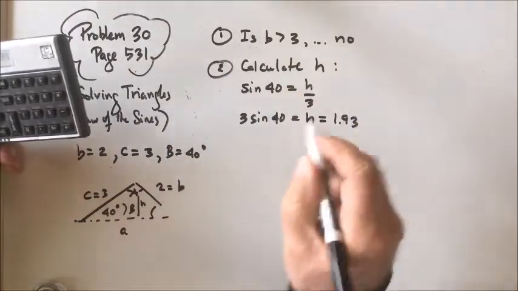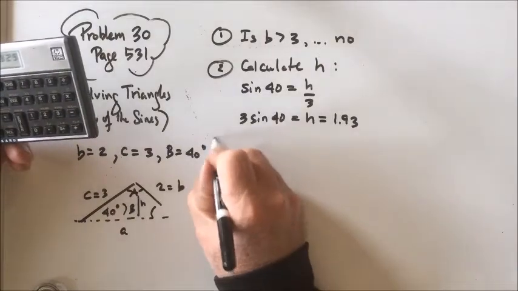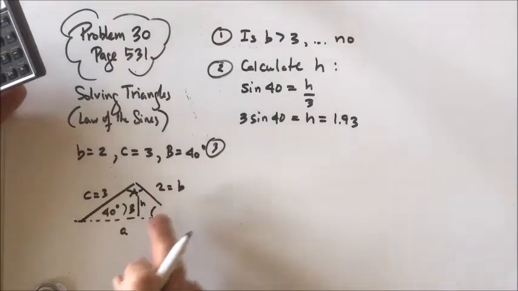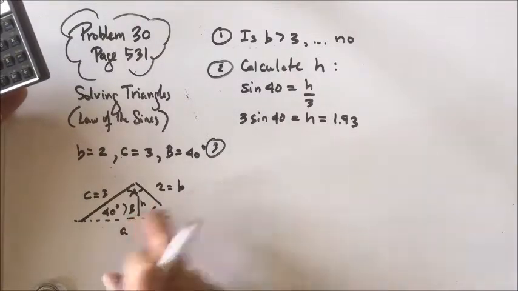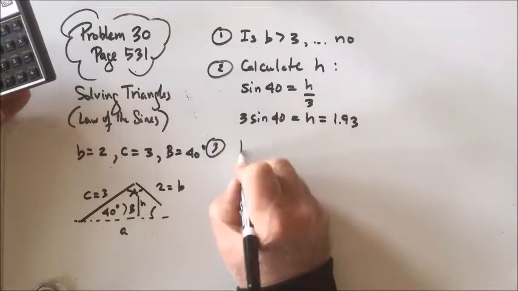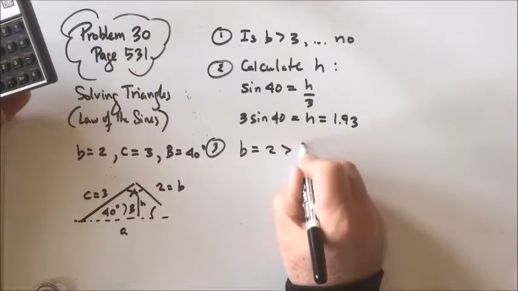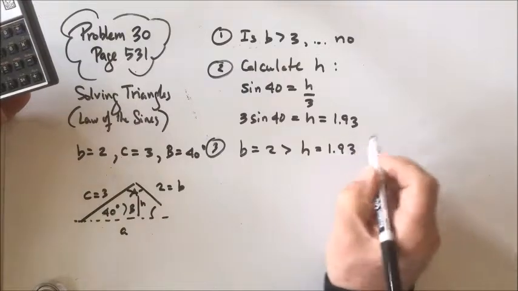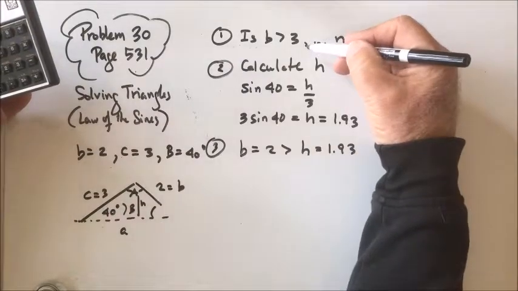is 1.93. The next question is, what's the relationship between b and h? You can see that b equals 2 is greater than h, which is 1.93, and yet b is not greater than c.